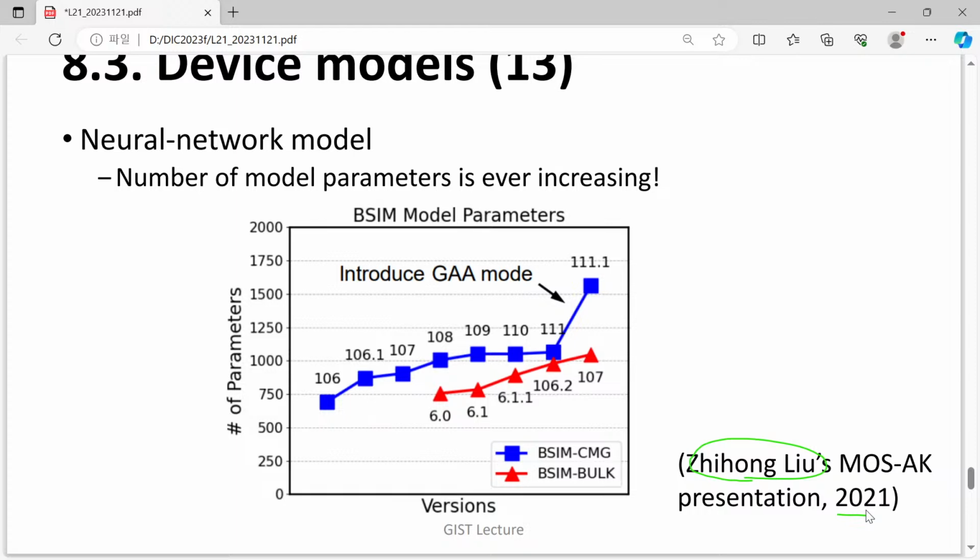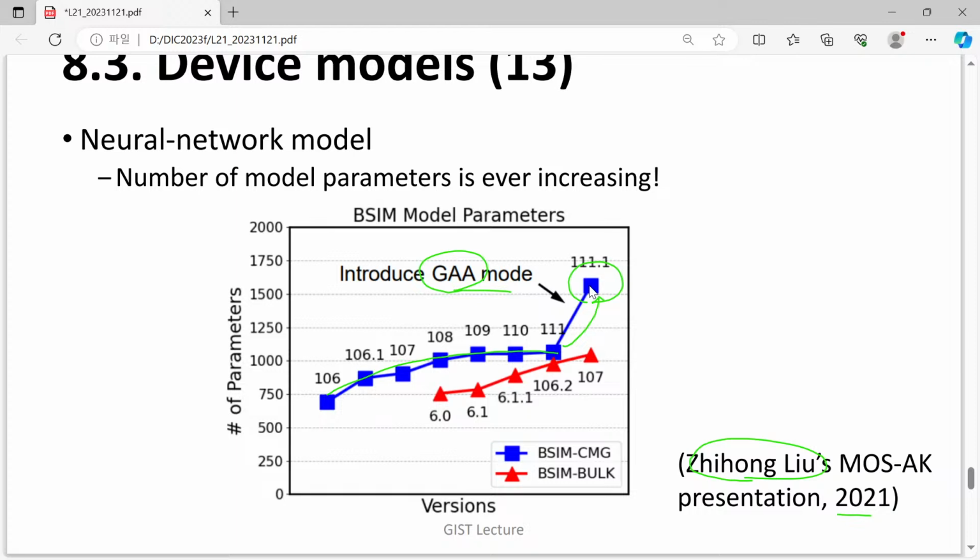Can you recognize the number? The number was around 750, and it is increasing, and now, including the gate-all-around mode, it is also jumping, and now we have more than 1500 parameters for specifying a technology.